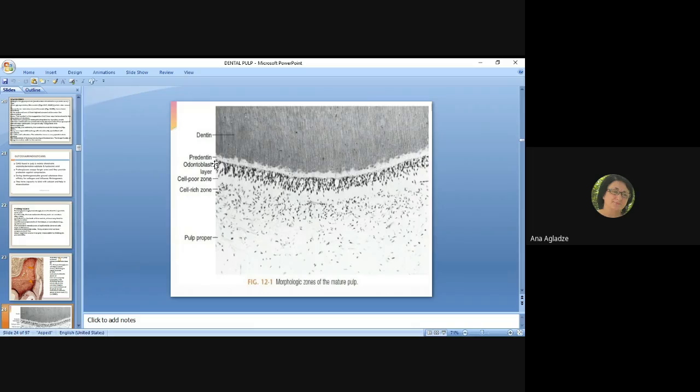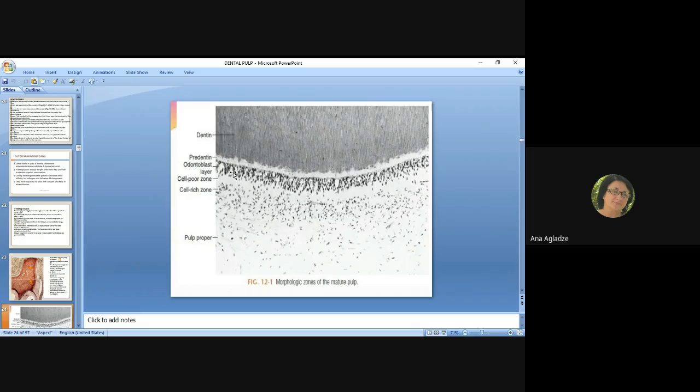The first layer, near the boundary with predentin, is the odontoblast layer. We briefly discussed odontoblasts, but now we can discuss this layer. It consists of differentiated cells and is the outermost, superficial layer of the dental pulp.